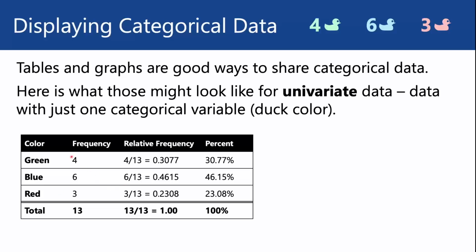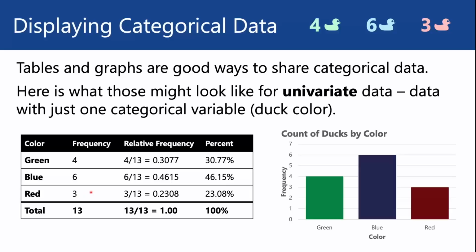So here is a relative frequency table where we show the category, color of duck, the frequency, number of times each duck was counted, the relative frequency, taking that divided by the total number of ducks to create a proportion, and then the percent. Here is what it would look like if we did it as a graph instead. This is a frequency graph where each of these bars is as tall as the count, the frequency that we see here. So this is a really good way to do things.